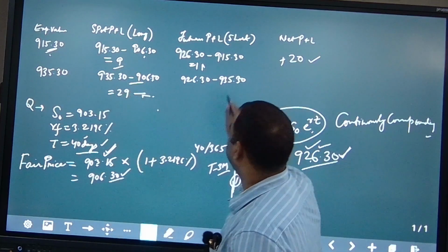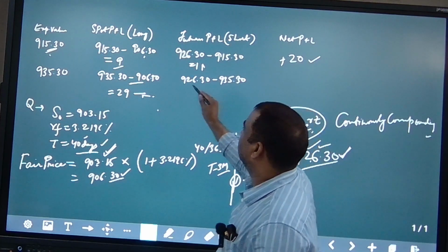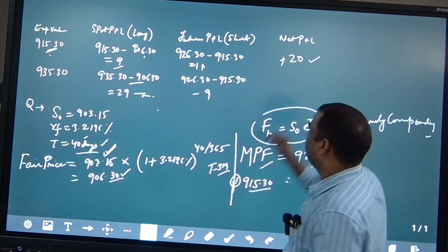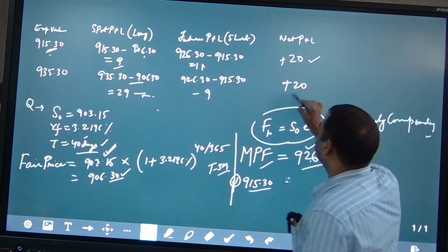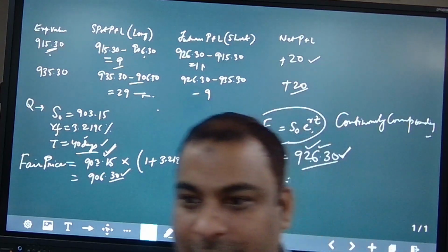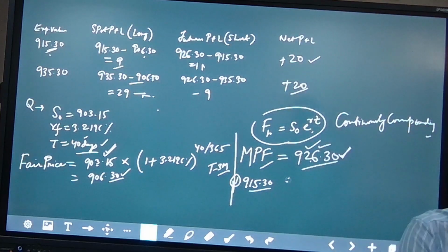Here we have minus 9. Net profit will be, this is arbitrage using the cost of carry model.